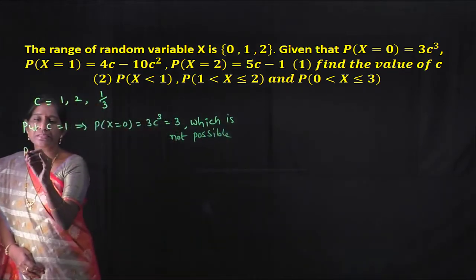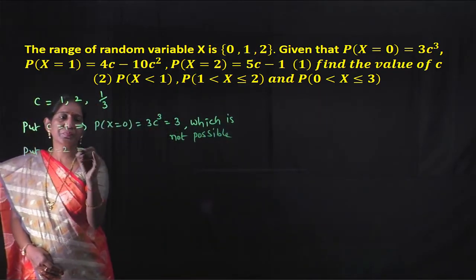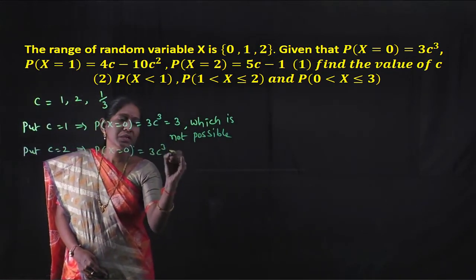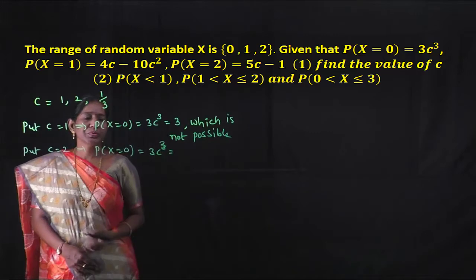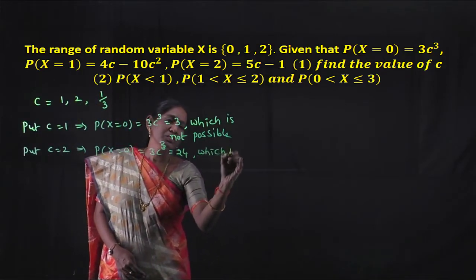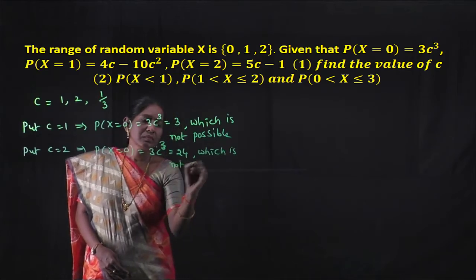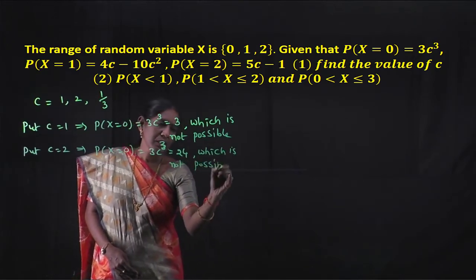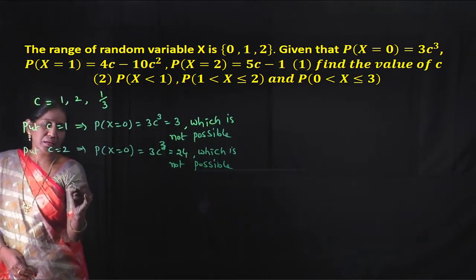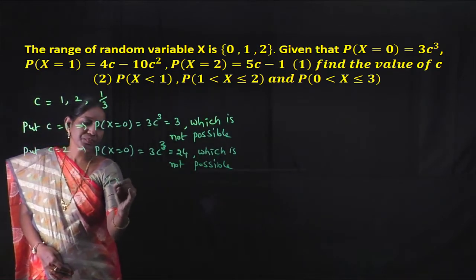Put c equal to 2. P of x equal to 0, 3c cube, that is 3 into 8, 24. It is also not possible. And put c equal to 1 by 3 in p of x equal to 0.